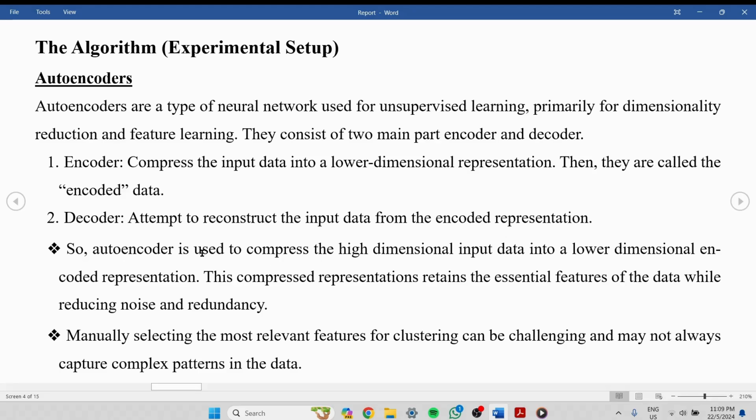So autoencoder is used to compress the high dimensional input data into a lower dimensional encoded representation. These compressed representations retain the essential features of the data while reducing noise and redundancy. Manually selecting the most relevant features for clustering can be challenging and may not always capture complex patterns in data.